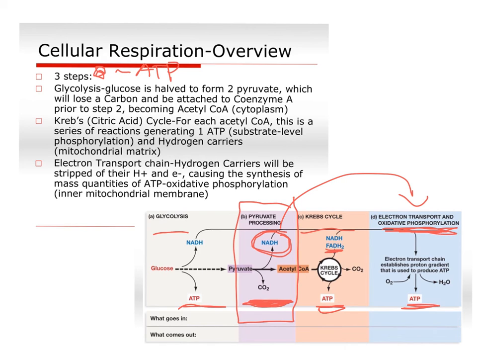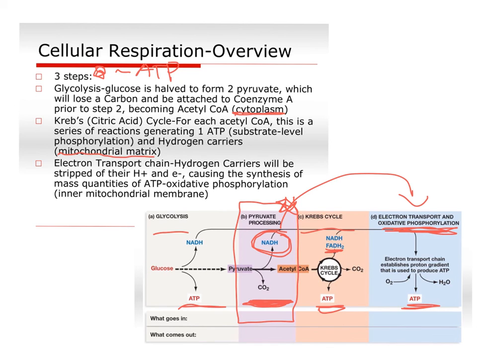All right, so we've got 3 steps: glycolysis, and this is going to take place in the cytoplasm. So if you're looking at your chart, the where here is the cytoplasm, and then this pyruvate processing is going to take place as we move into the mitochondria. Okay, because the Krebs cycle is going to take place in the mitochondria.